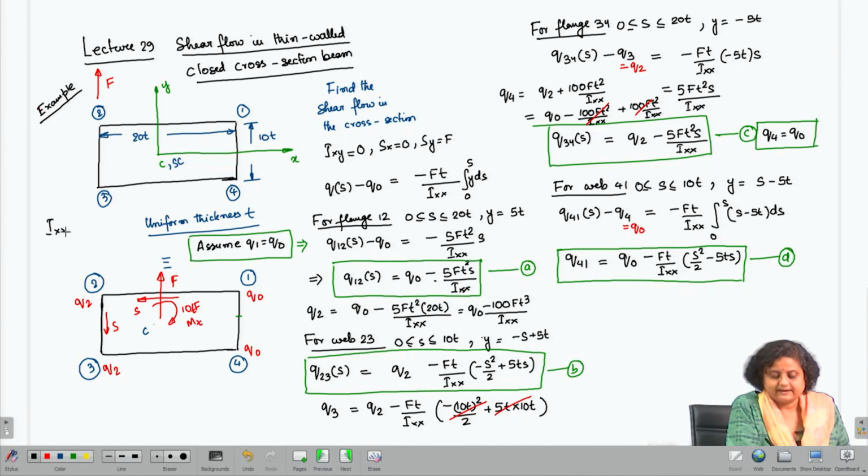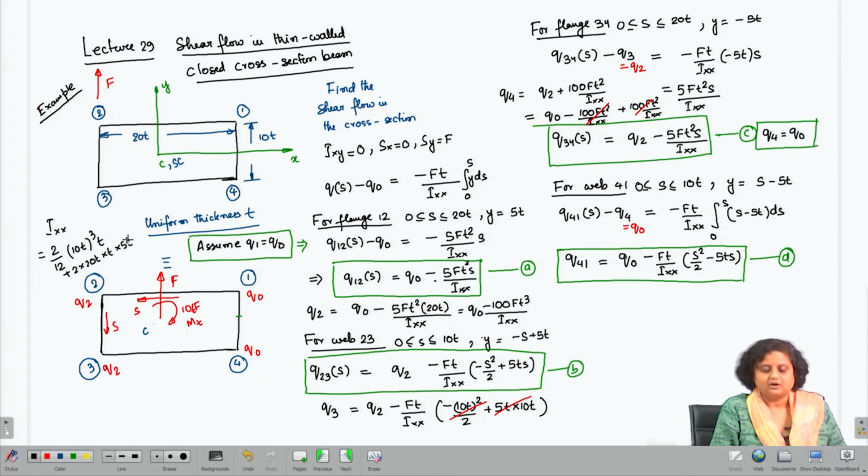So, Ixx is going to be 2 by 12 into 10T whole cube into T, plus 2 into 20T into T into 5T.